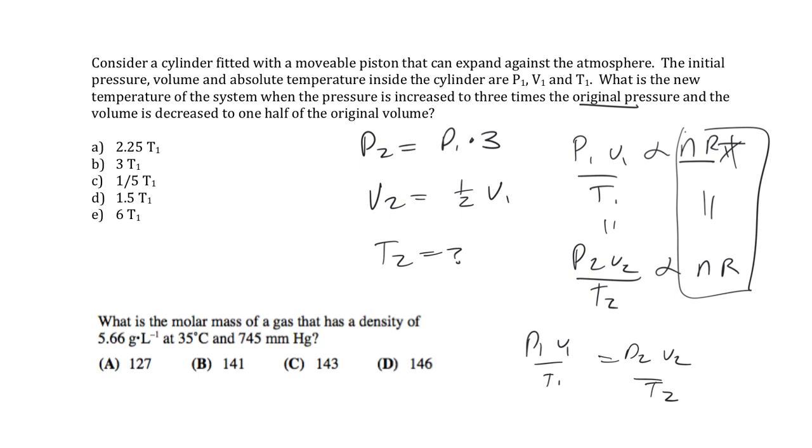So I just have to solve this expression for T2. If I solve the expression for T2, let me put T2 over here, multiply both sides to get it over to here, and then divide both sides by P1, V1, and then multiply both sides by T1.